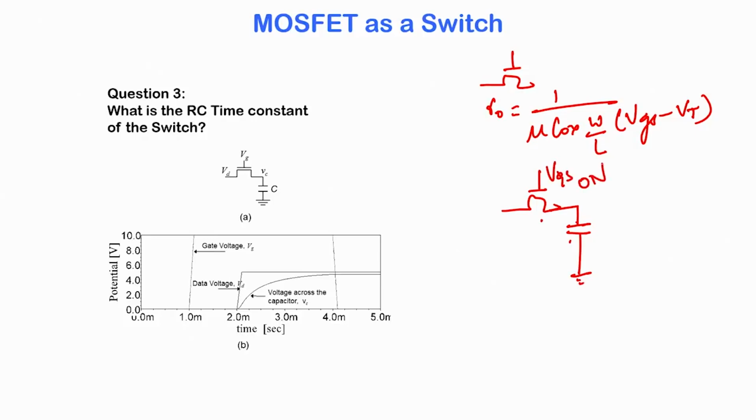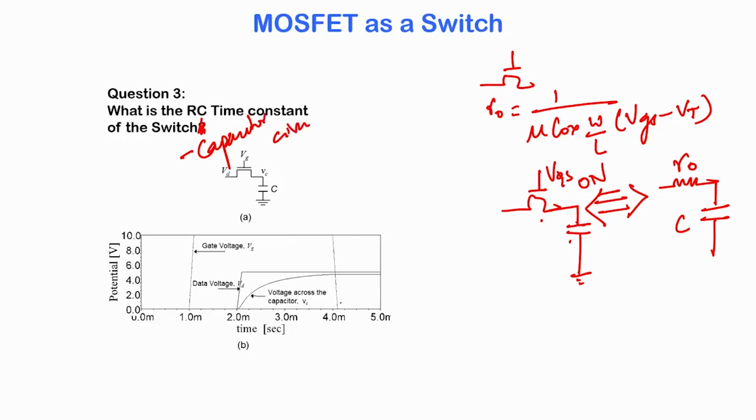So, the MOSFET is on, and the equivalent small signal circuit can be written as replacing this MOSFET with a small signal resistor, and here is the capacitor. So, what is the time constant of the switch capacitor circuit? What is the RC time constant of the switch capacitor circuit?